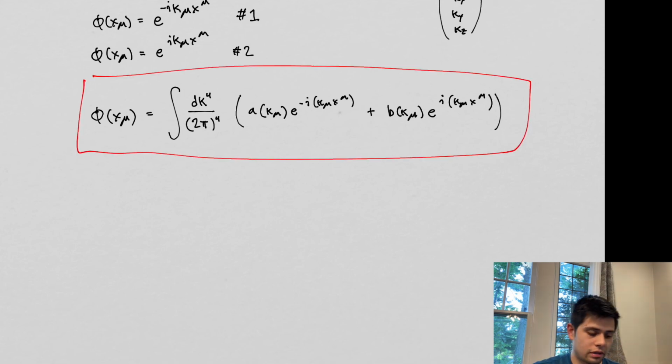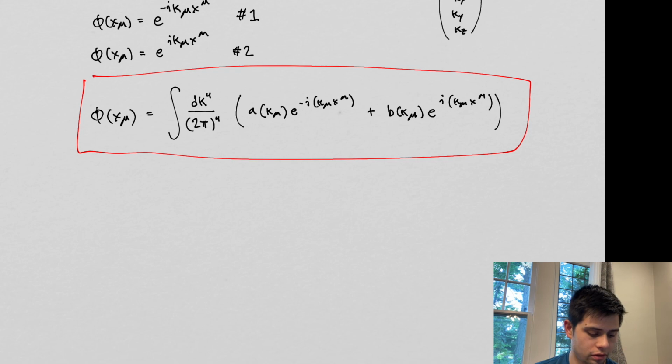These are waves, right? This is a wave, this is a wave. Right now, these are really just coefficients. They scale up the amplitudes of the waves, and we can add any linear combination of these waves with one another. These coefficients are functions of the momentum.